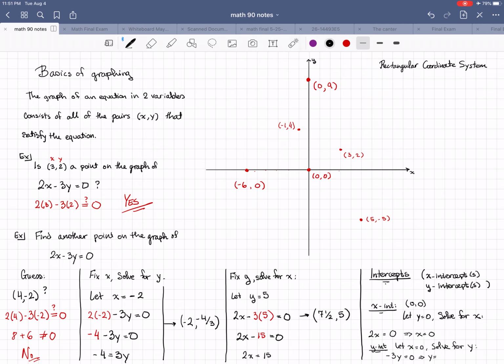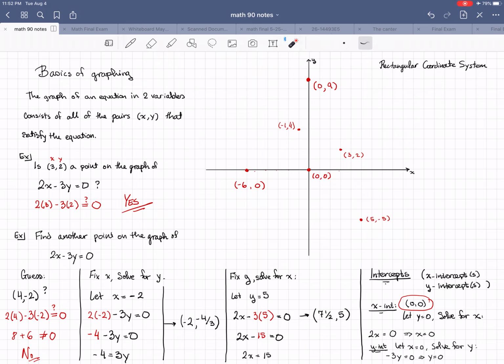Oh, so y is 0 also. So as it turns out, and this does happen sometimes, when we look at its graph, it has one intercept to speak of. It crosses the graph at the origin, and that is the only place where it will ever cross either of the axes.